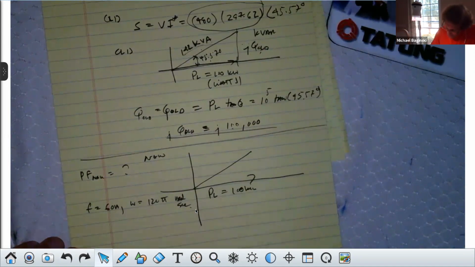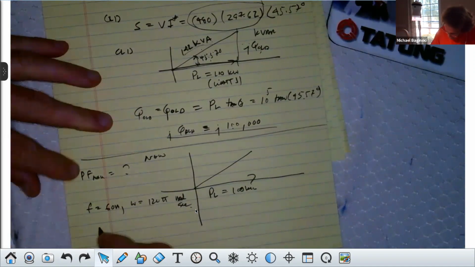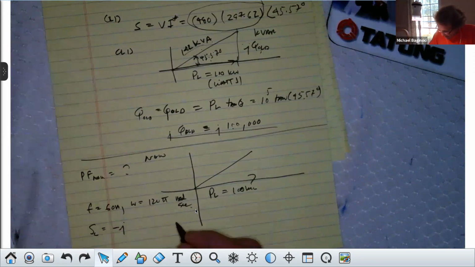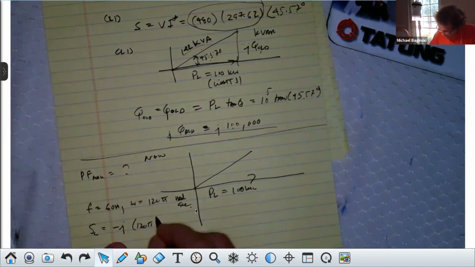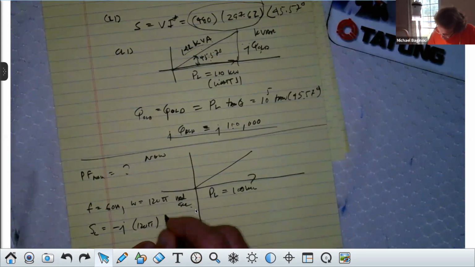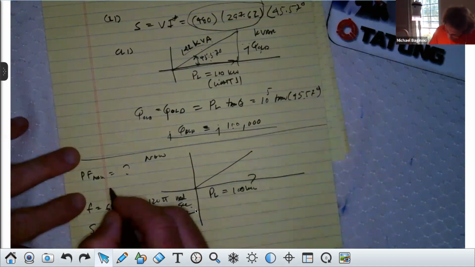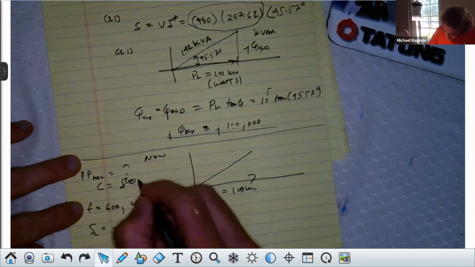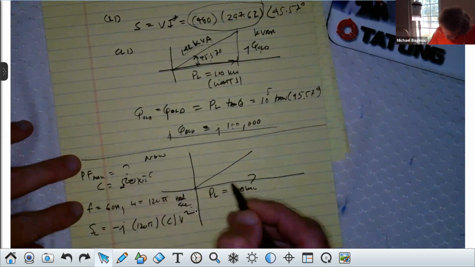And that means the reactive power associated with the capacitor, you can call this S capacitor, would be minus j omega, which would be 120 pi, times C, and the capacitance value was 500 microfarad, times V squared. Well, C was equal to 500 times 10 to the minus 6, that's microfarad.